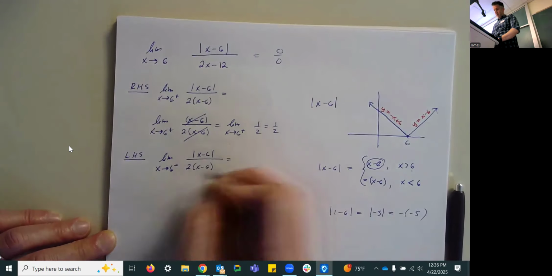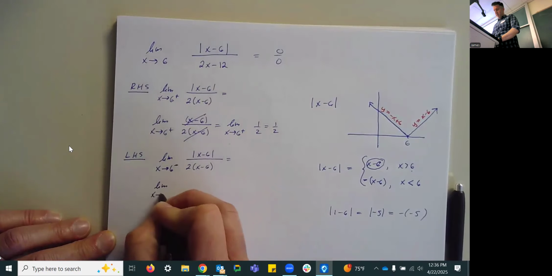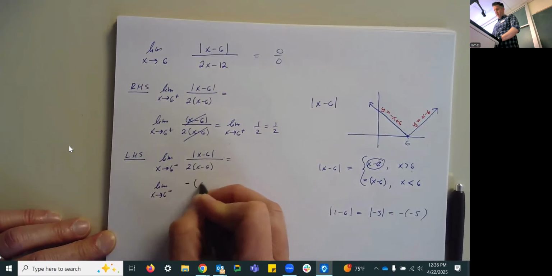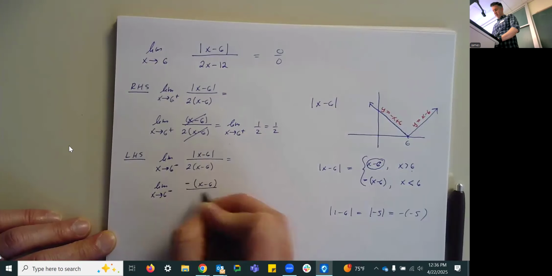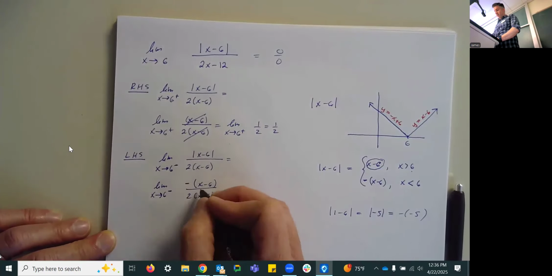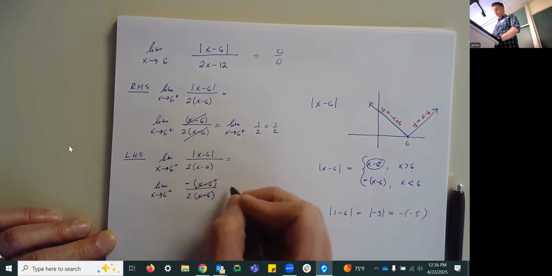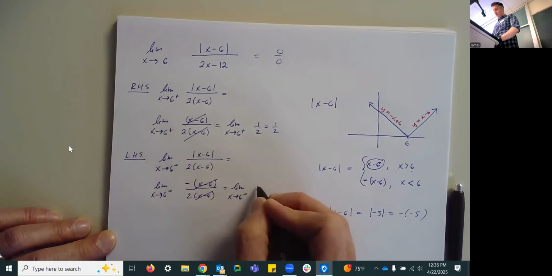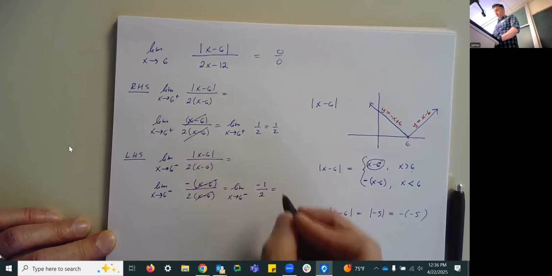So this is equal to the limit as x approaches 6 from the left of negative parentheses x minus 6 divided by 2 times x minus 6. The x minus 6 still divides to 1, but that means we're left with the limit as x approaches 6 from the left of negative 1 over 2. And again, the limit of a constant is just that constant, which is negative 1/2.